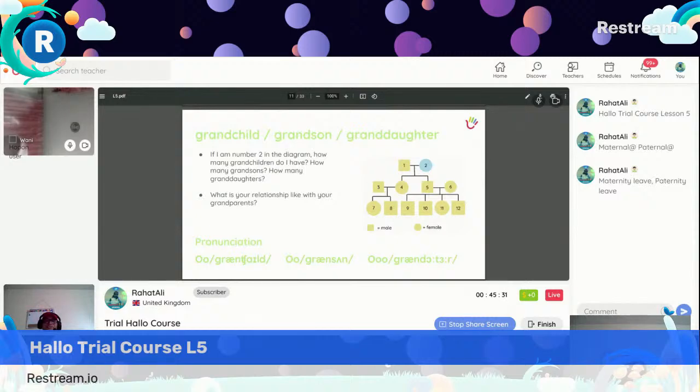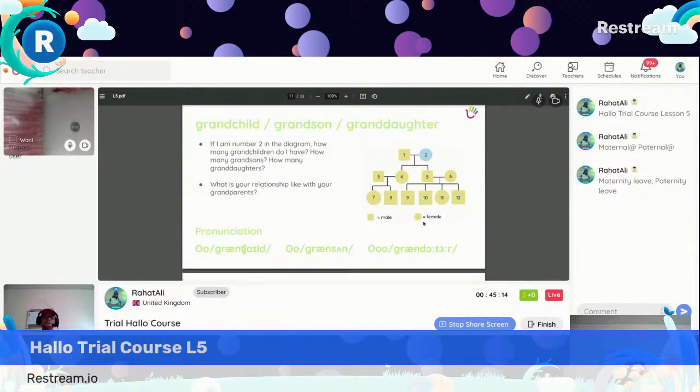So what's your relationship with your grandparents? Have you got grandparents, Wani? Are they alive? Actually, my grandparents passed away since I was a little kid, so I haven't seen them. Sorry to hear that.